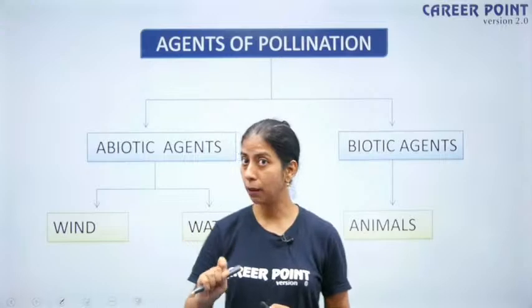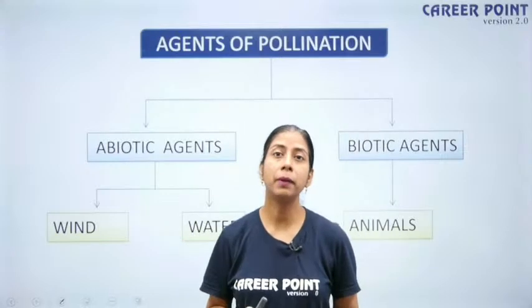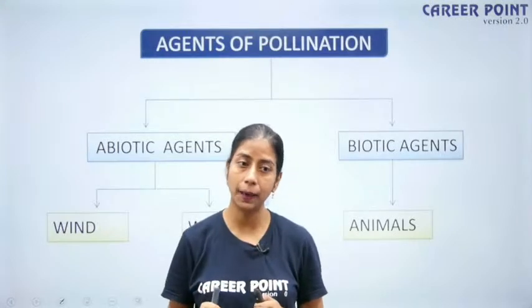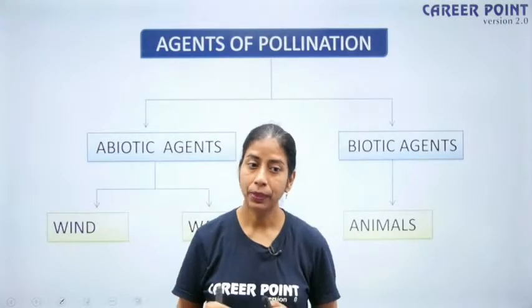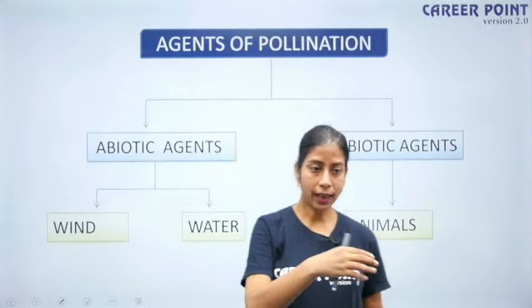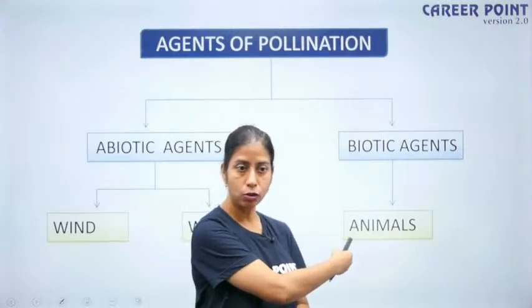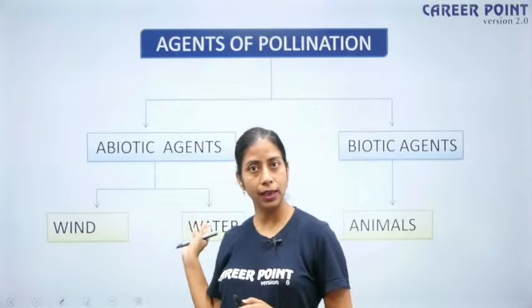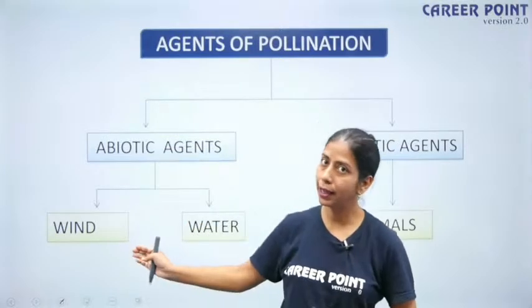If I am talking about water, it is mainly seen in the aquatic plants. जो plants पानी में रहते हैं, we have seen them here. Zoophily, animals, will come under this. So here, hydrophily is water and anemophily is wind.